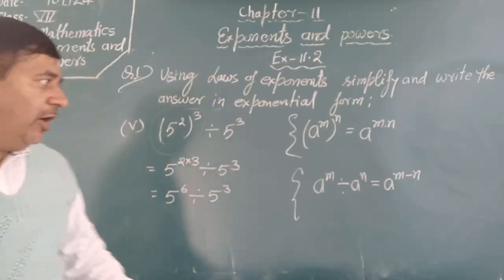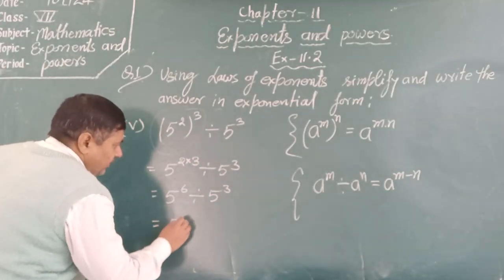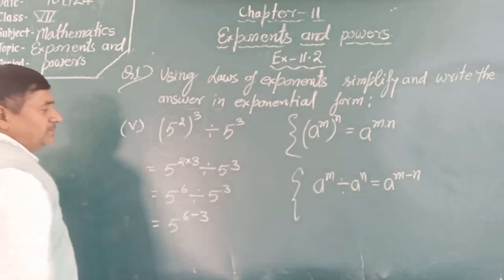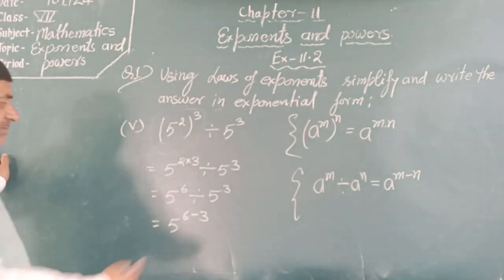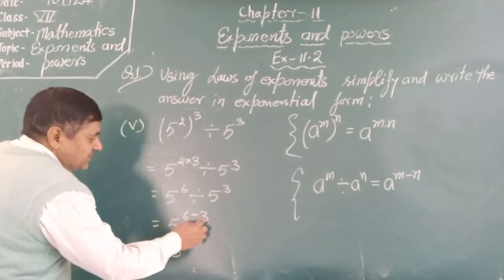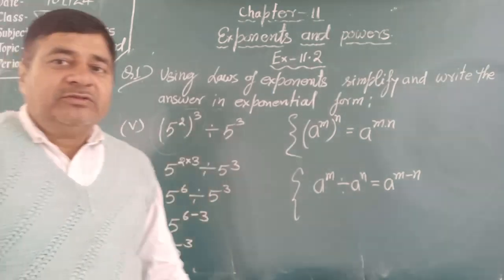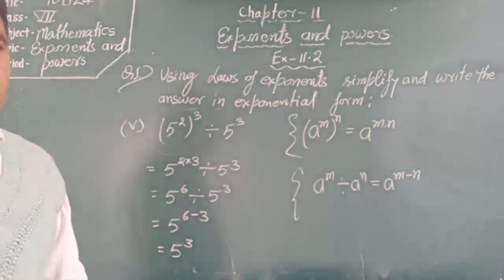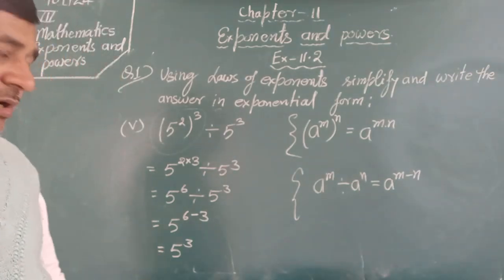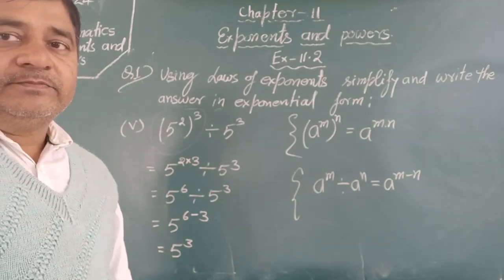So here you can write 5 to the power 6 minus 3, and 6 minus 3 is 3, so 5 to the power 3. This is your answer in exponential form.